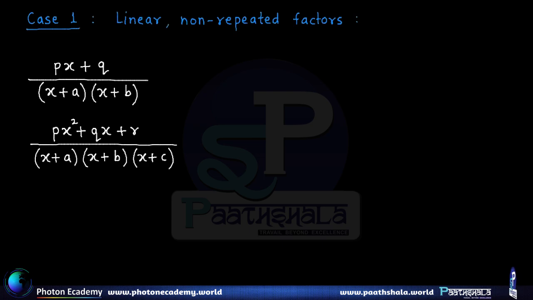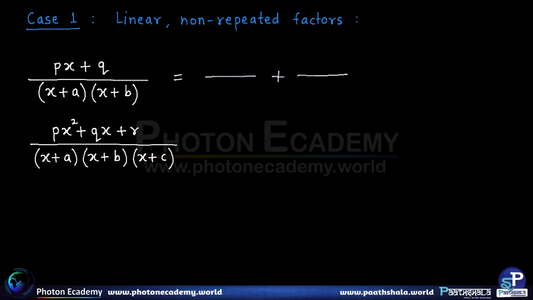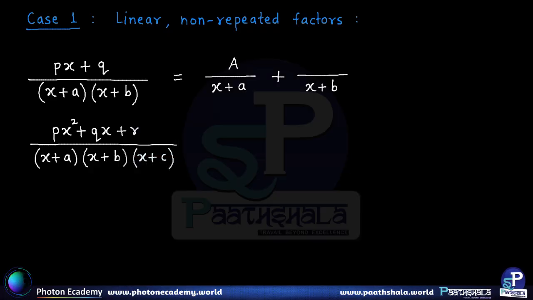which are not repeated. Now if we recollect, the next step was to express this function as the sum of two individual fractions. In these fractions the denominators will be nothing but the two individual factors that we found out of the denominator, and in the numerators of these two fractions there will be unknown constants that we have to determine.